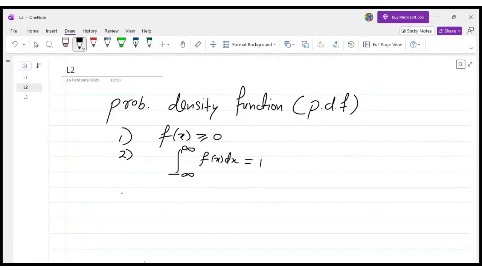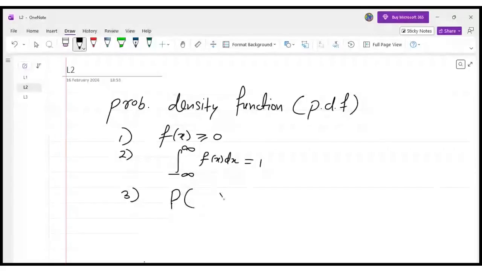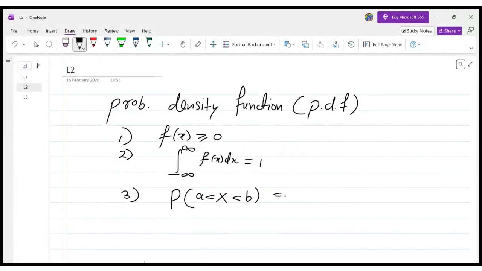And third property was if you want to find the probability that the random variable lies between a and b, then we can find it by doing the integration from a to b of f of x. Okay, so these were the three properties of the probability density function.